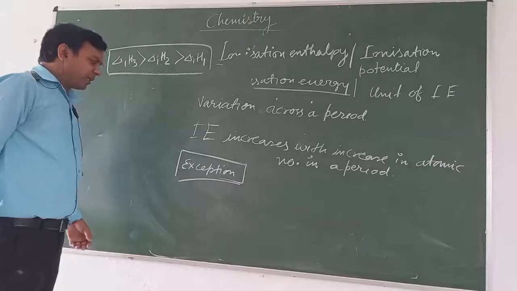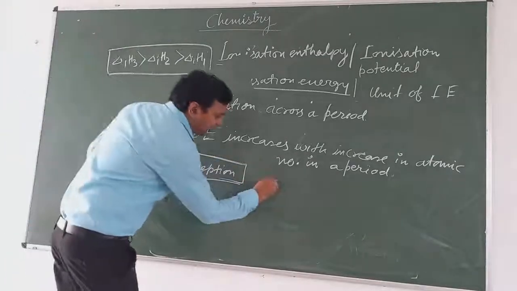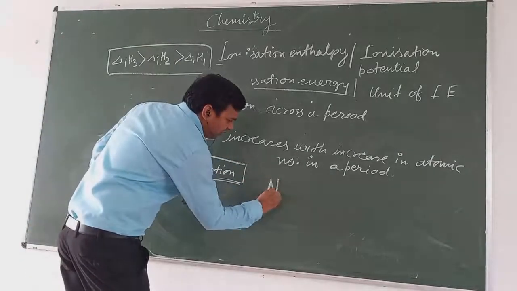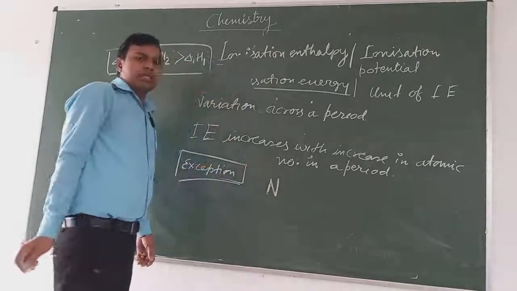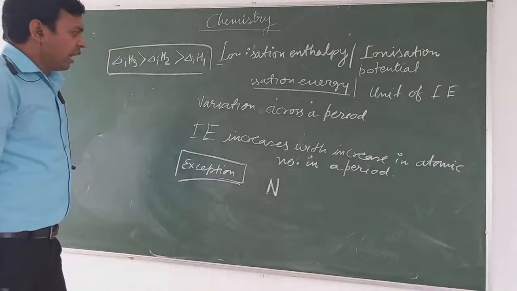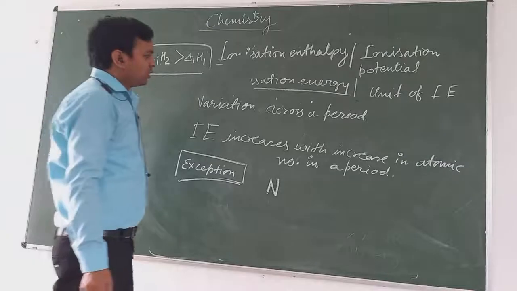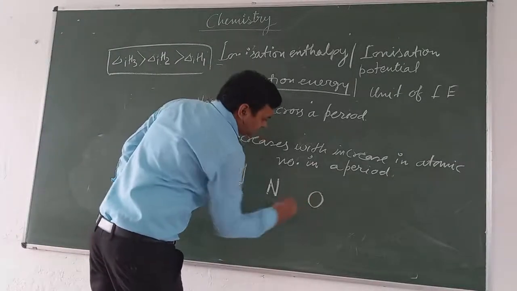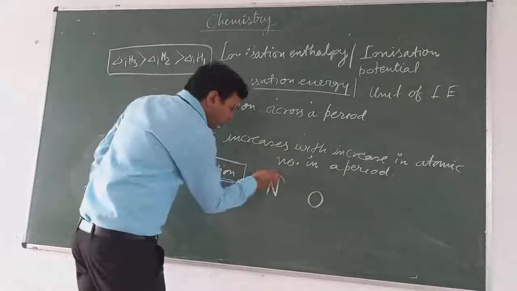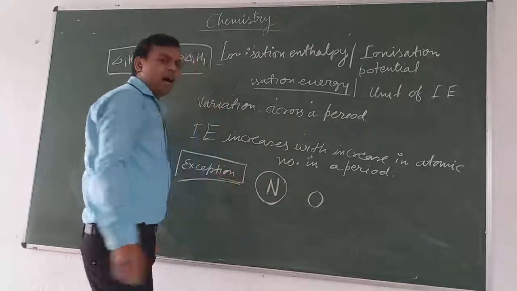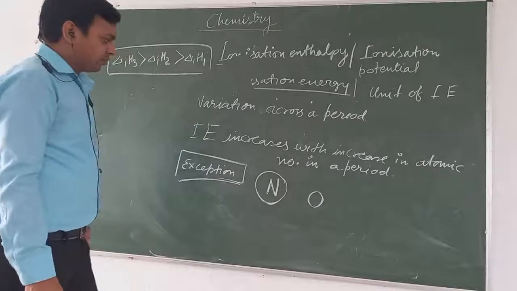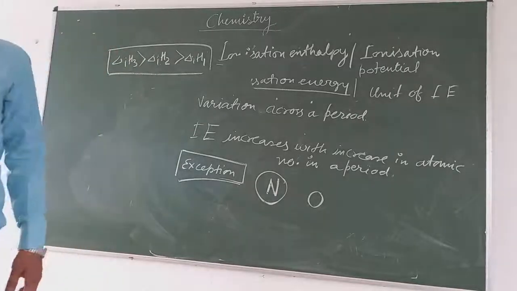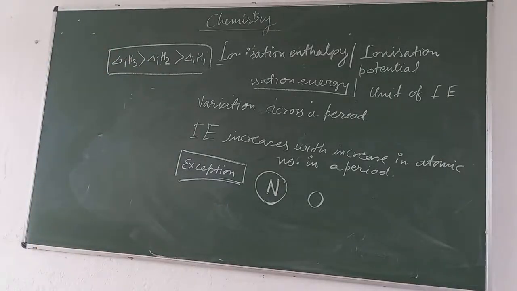The first exception is already discussed: nitrogen has a more stable, higher ionization enthalpy compared to oxygen, because nitrogen has a half filled configuration. In case of half filled, ionization enthalpy increases.